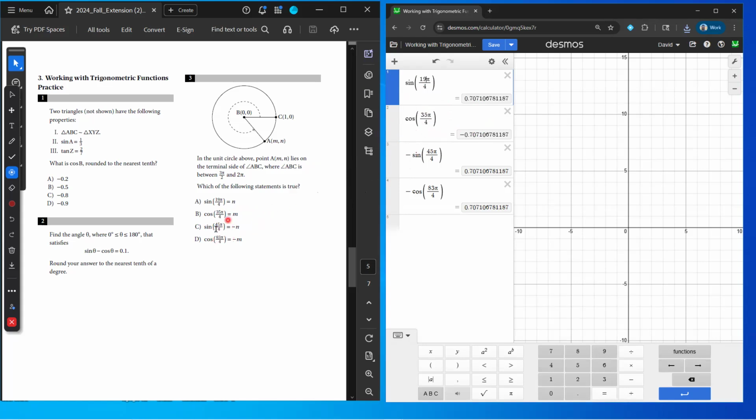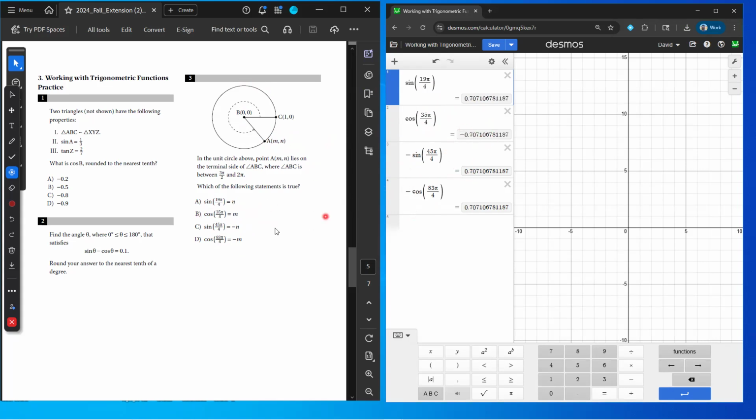Now, one thing you may notice is that for C and D, instead of keeping the negative on the right-hand side, I moved the negatives to the left. Now, from here, you might get hyperfixated on what the number should actually be, but really what we're focused on, since it's in quadrant 4, is that M should be a positive number and N should be a negative number. So look at the first one. The N here is positive, we want it negative, so A has been eliminated. For B, M is supposed to be positive, but here M is negative, so B is eliminated.